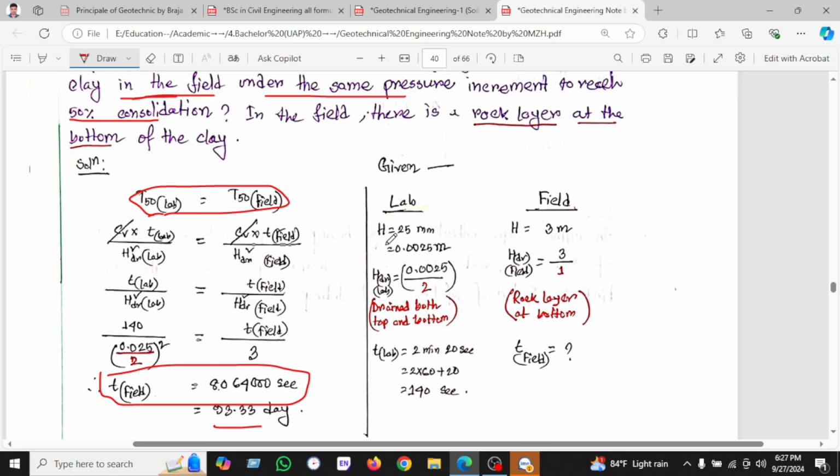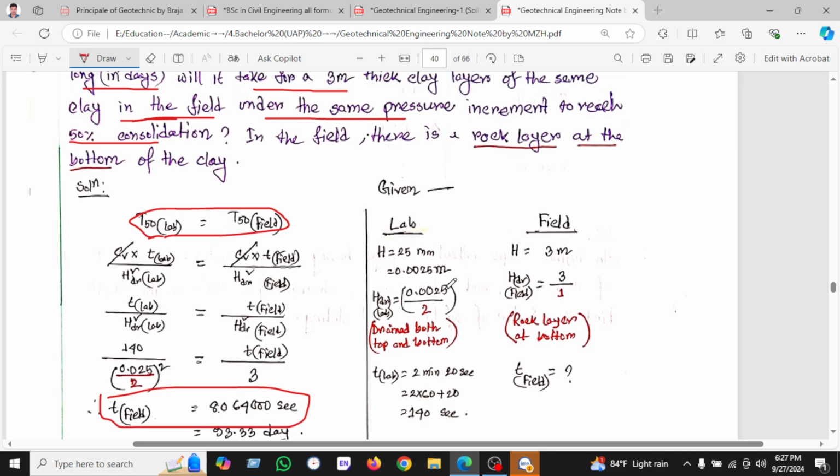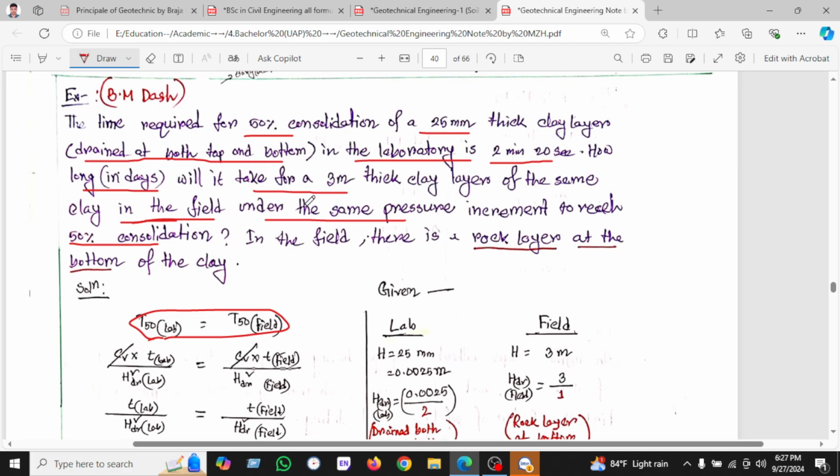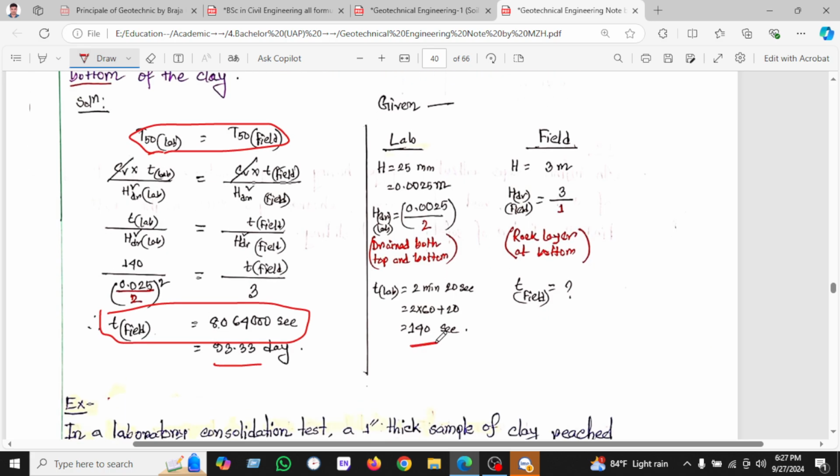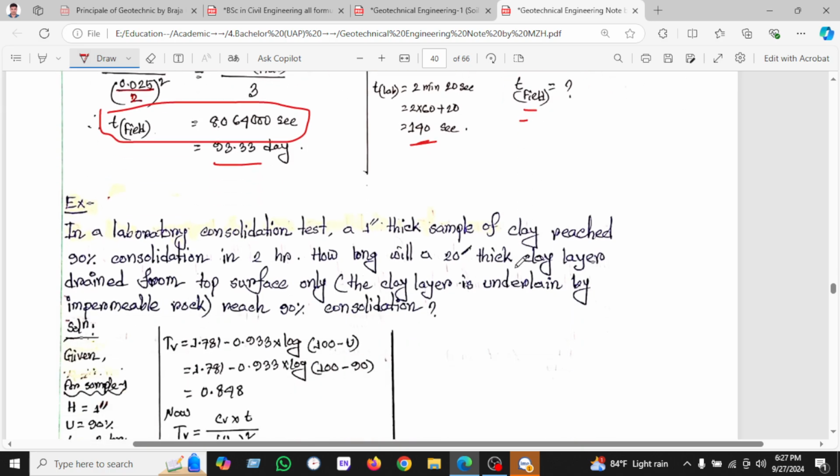In the lab, the thickness is equal to 25. On the other hand, the field layer is 3 meter. For drainage in the lab, we have seen double drainage at both top and bottom. That's why we divide by 2 and find TB equal to 140 second, and in the same way we will use it for the field.